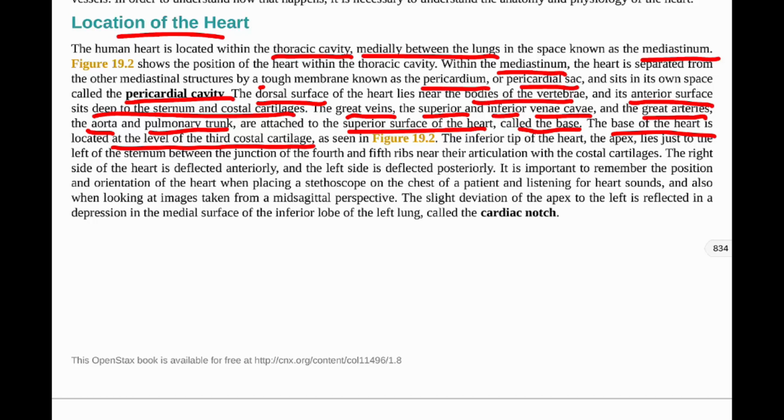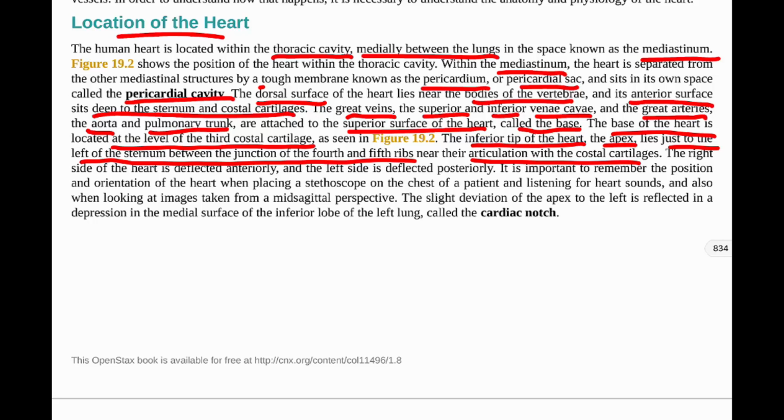The inferior tip of the heart, inferior meaning lower, that pointy part I was talking about, is called the apex, and it lies just to the left of the sternum, between the junction, the joining, of the 4th and 5th ribs, near their articulation with the costal cartilages, near where the ribs attach to the cartilage that connects to the sternum.